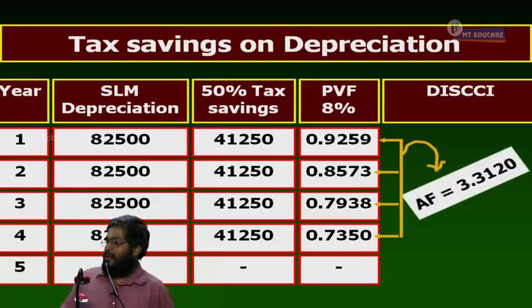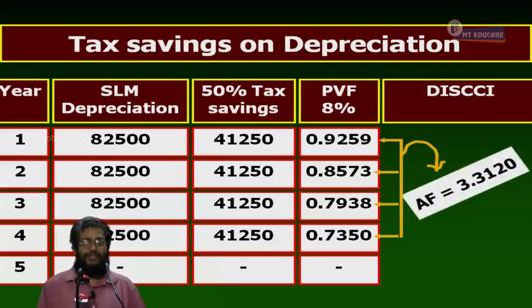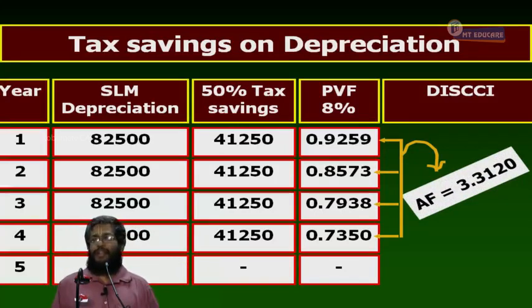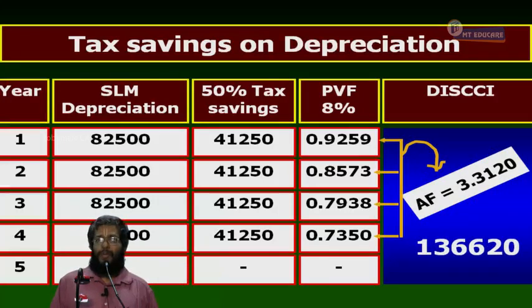What is the number? 3.3120. 41,250 into 3.3120. Tell me, what is the depreciation tax savings I'm going to have? 1,36,620. Depreciation tax savings is 1,36,620.